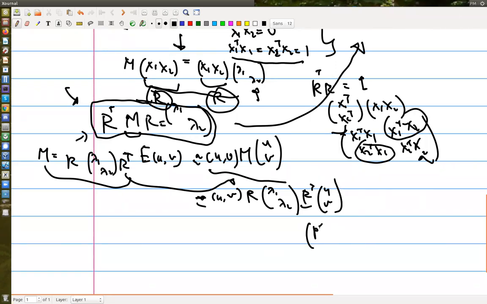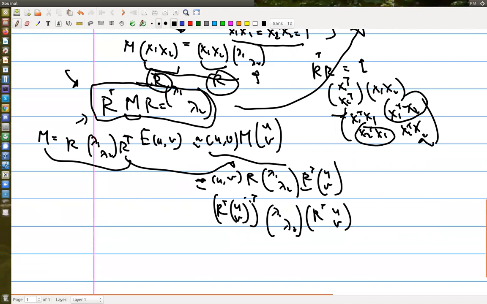This is R transpose (u,v), and this is (u,v) transpose R. So I can define R transpose (u,v) as, let's say, (u', v').